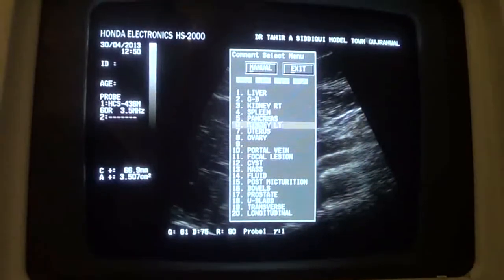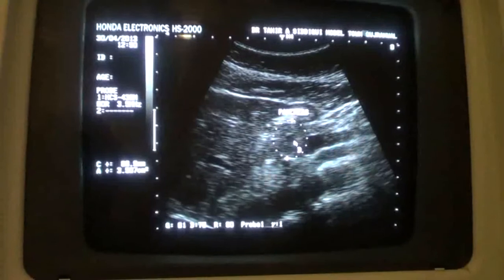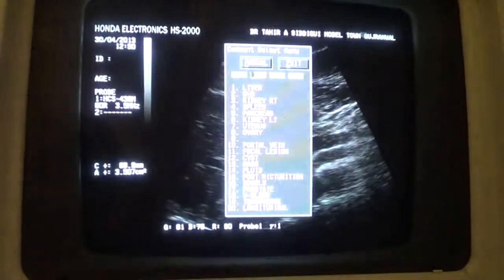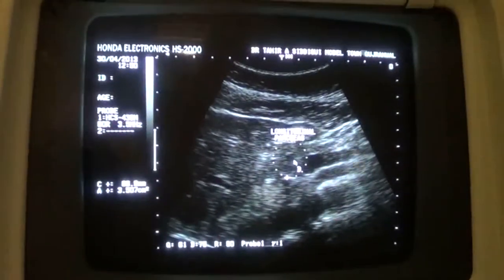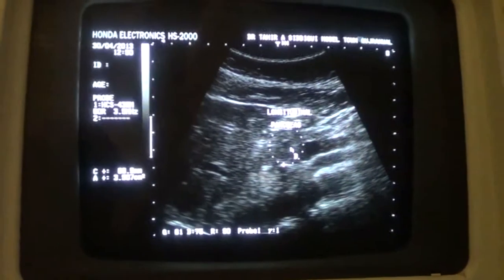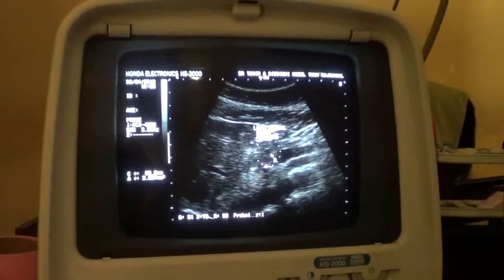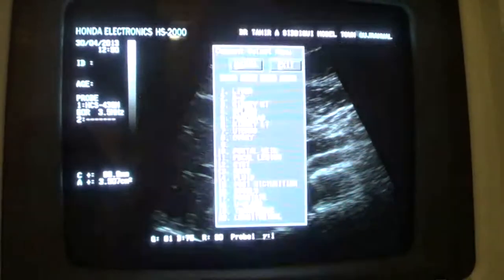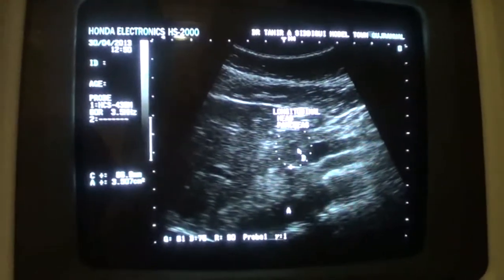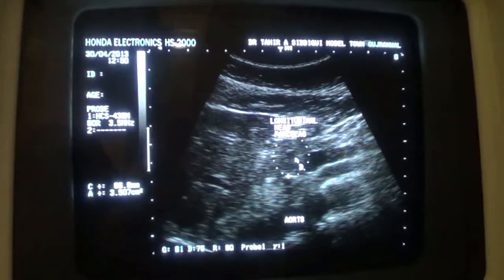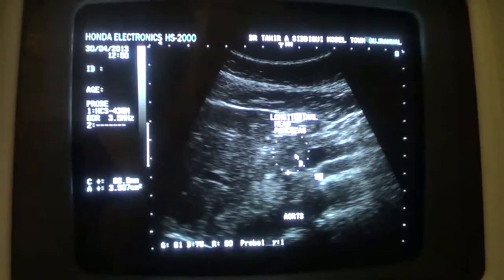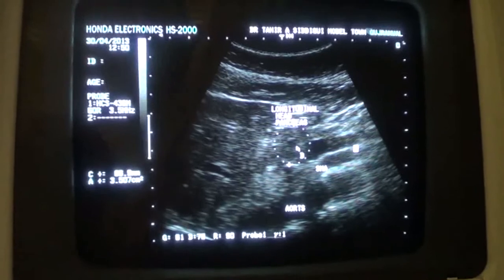This is the pancreas in longitudinal section, and this is the head of the pancreas. This is the aorta. This is superior mesenteric artery arising from the aorta.